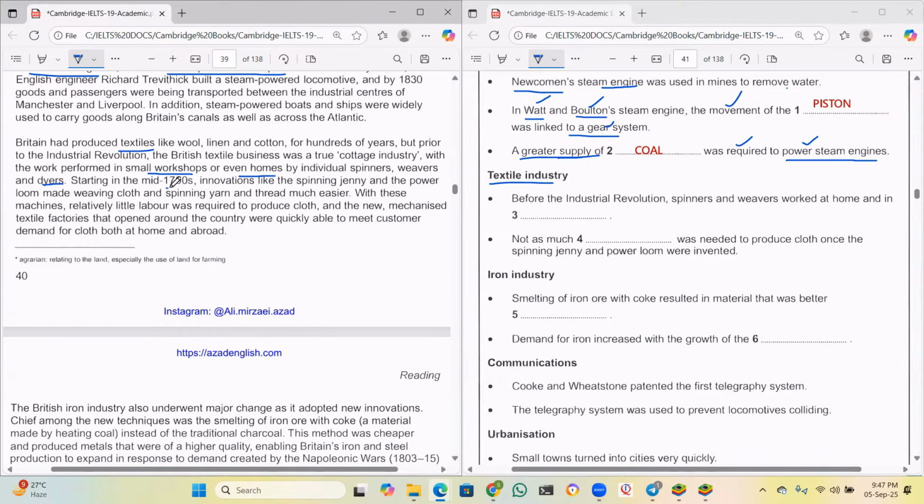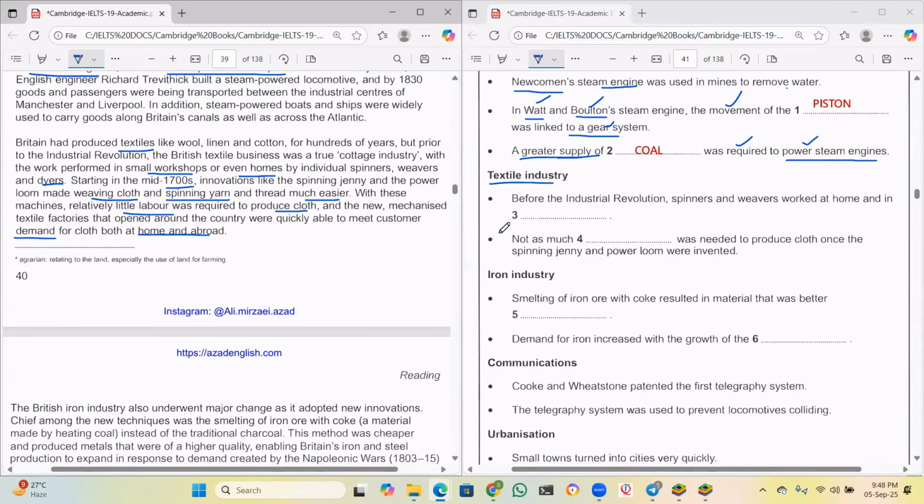Starting in the mid 1700s, innovations like the spinning jenny and the power loom made weaving cloth and spinning yarn and thread much easier. With these machines, relatively little labor was required to produce cloth, and the new mechanized textile factories that opened around the country were quickly able to meet customer demand for cloth both at home and abroad.